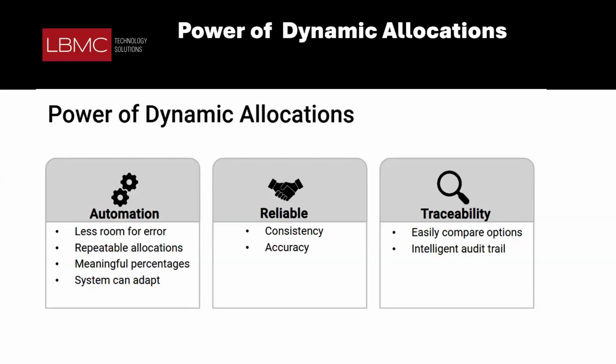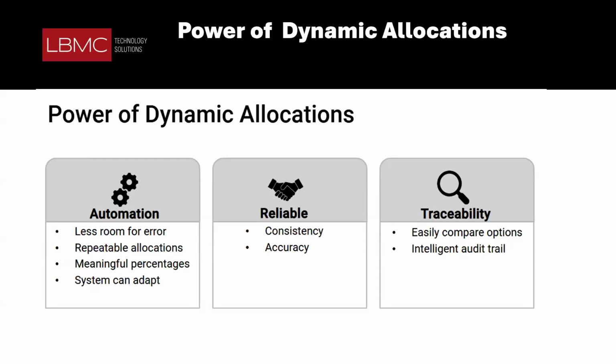Do note that allocation splits happen after transactions are posted, but can be run at different times. This really separates out the differences between dynamic allocations and transactional allocations, where transactional allocations are reflected on your books at the time of posting.